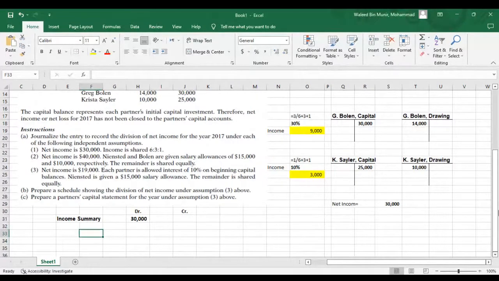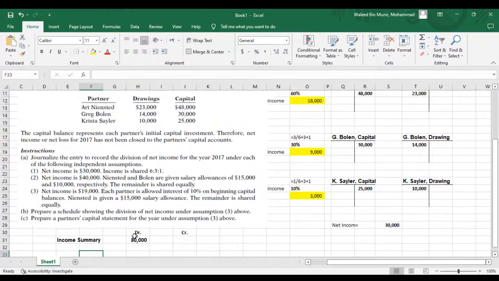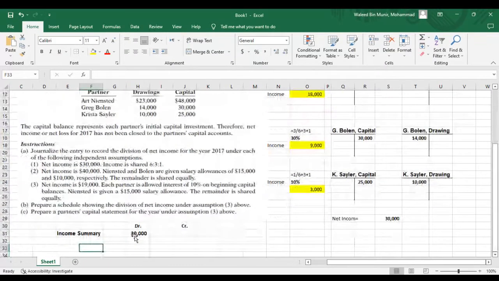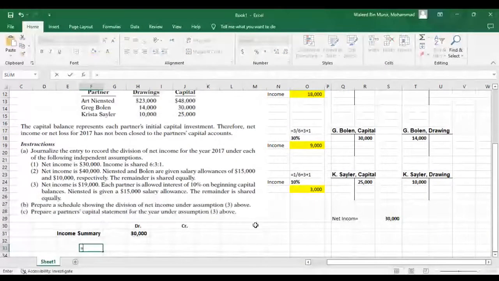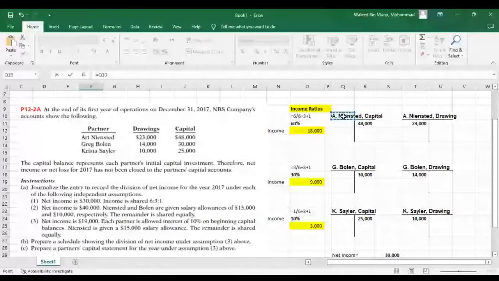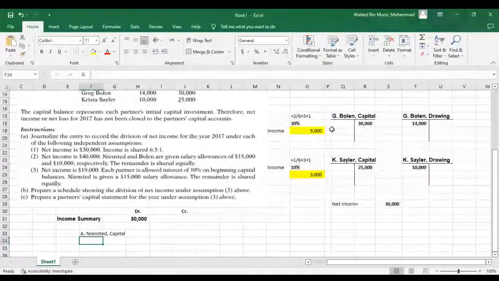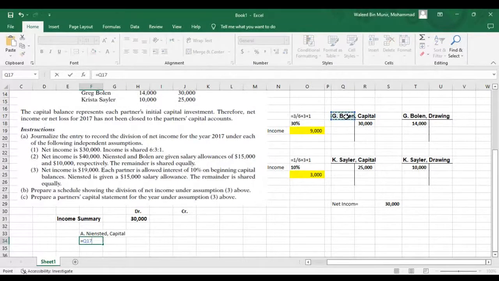Yes, we have a separate entry for each of their accounts. So what is their account? I can take their name from here. I don't have to type it.